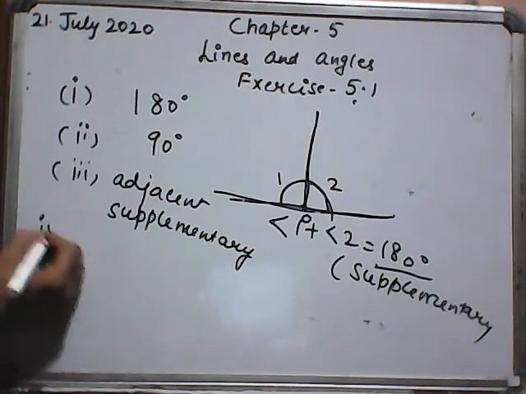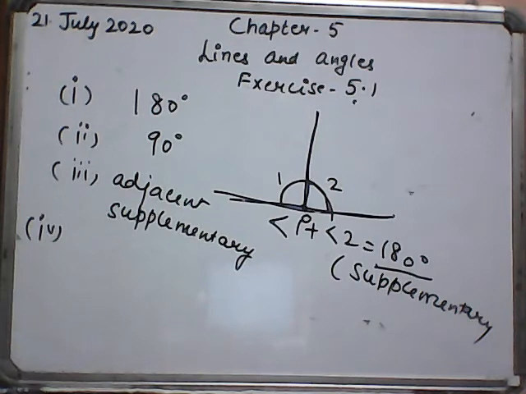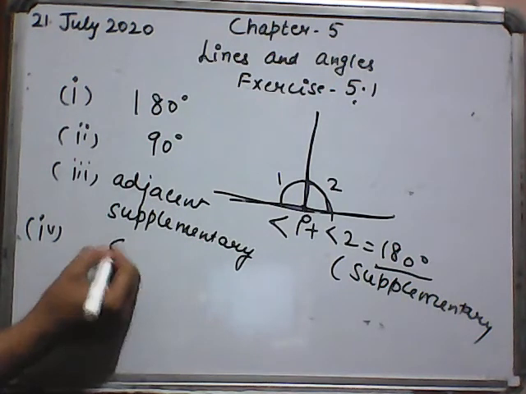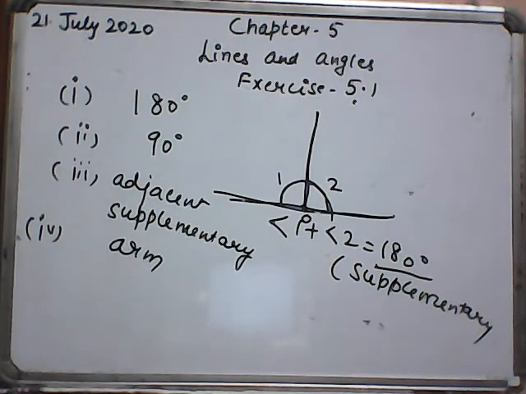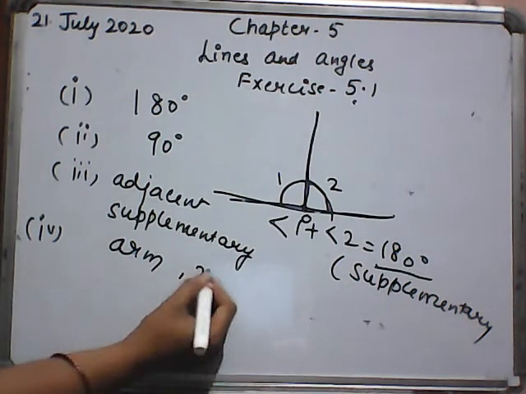In the next part, adjacent angles have a common vertex, and the second condition is a common arm and no common interior point.